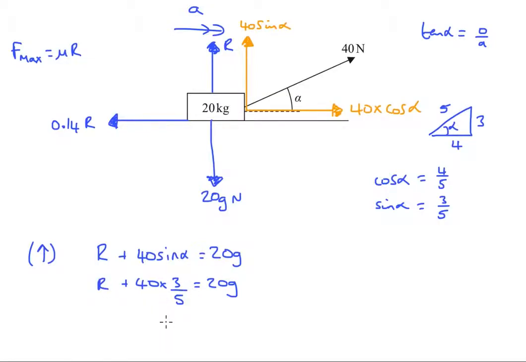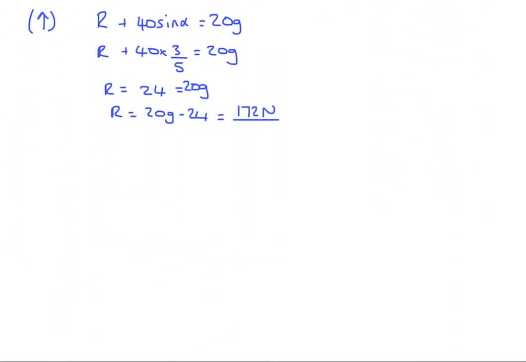And 40 times 3/5, well 1/5 will be 8, so that's going to be 24. So R will be 20g minus 24. So 9.8 times 20, take away 24, is 172 newtons. So that's the value of R. That's useful because we can now work out this frictional force.